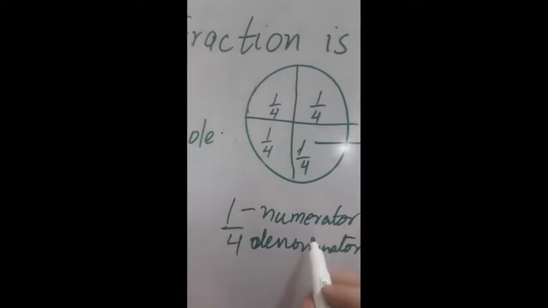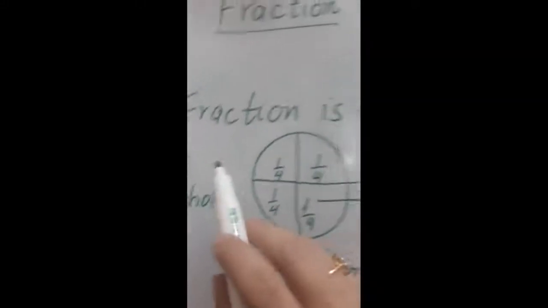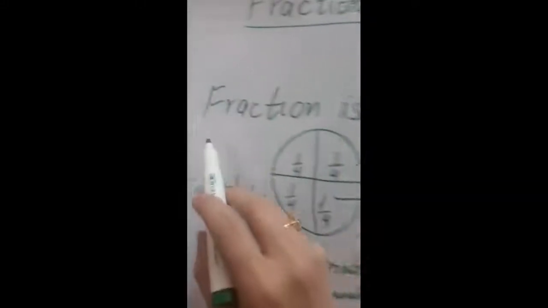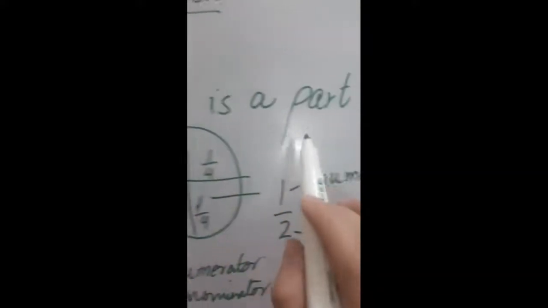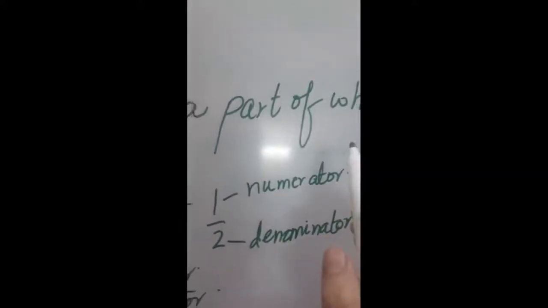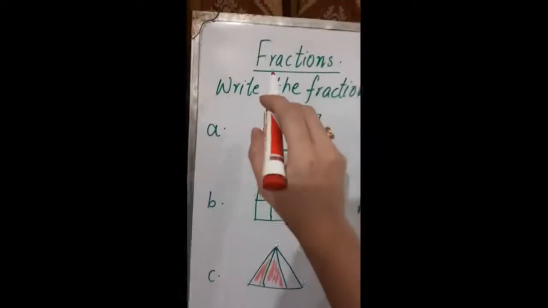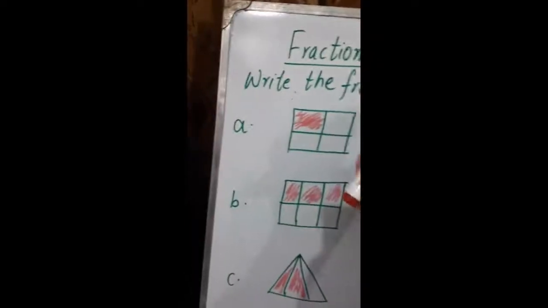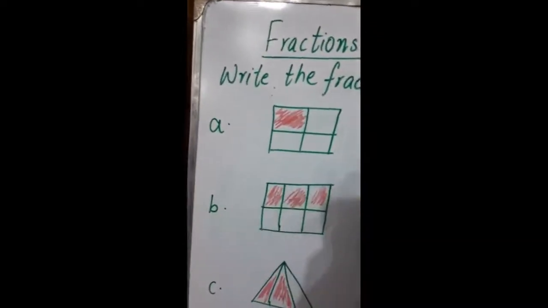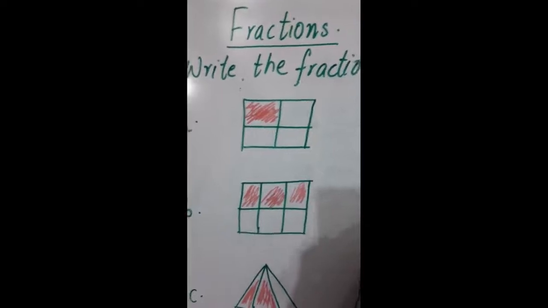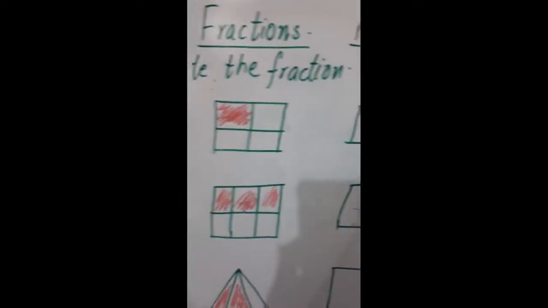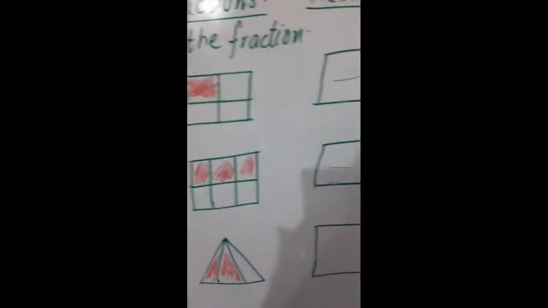Is that clear? So this is how we define fraction. A fraction is a part of a whole. Now students, write the fraction. You have to write how many shaded parts and how many total parts. Now I will tell you how to write the fraction.